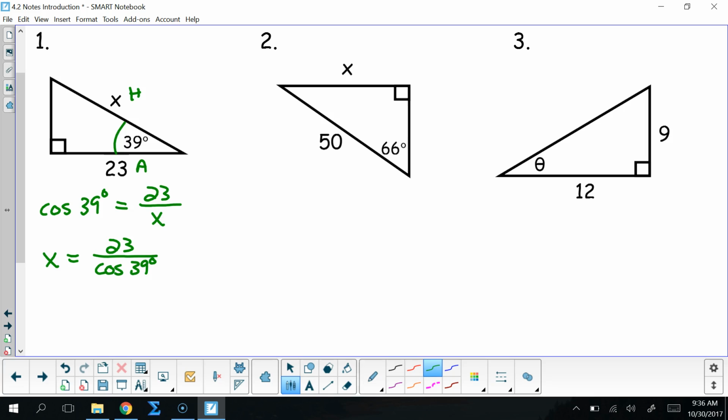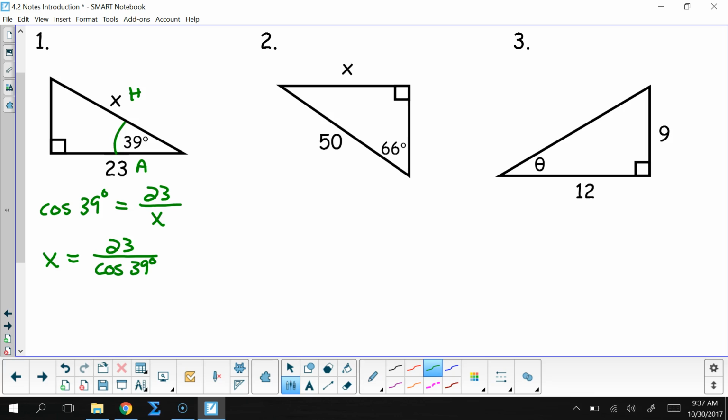Checking my calculator to make sure that I am in degrees here and not radians. So if you're using a regular type calculator, make sure that you're in DEG, or sometimes they just say D. If you're on an Inspire, use the degree symbol, which is found in the pi key. Okay?